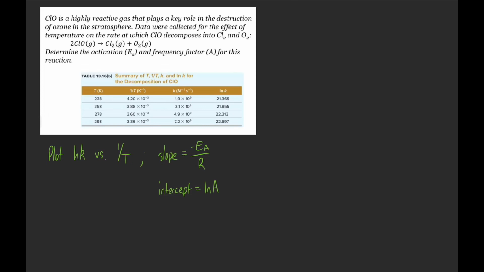So the strategy to determine these values is graphical. We need to plot this data in a graph, determine what the slope and the intercept are. So we would plot the data and fit a straight line.